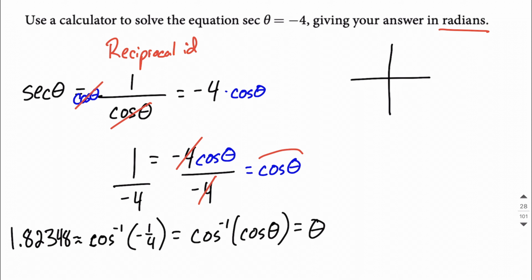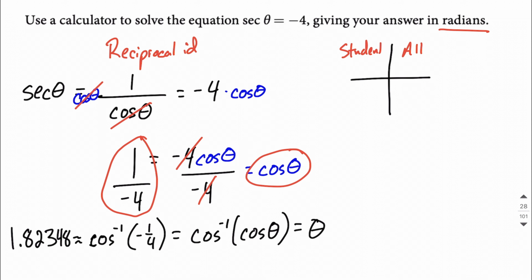I'm going back to where we had cosine equals a negative value. I like the phrase, all students take calculus. This reminds us which quadrant each of our trig functions is positive in. All of them are positive in the first quadrant. Sine is the only one positive in the second, tangent in the third, and cosine in the fourth.